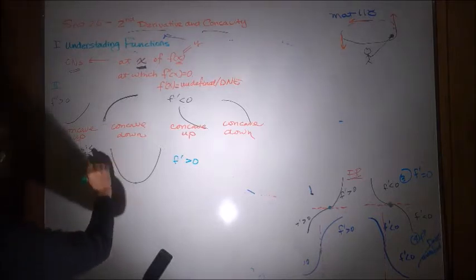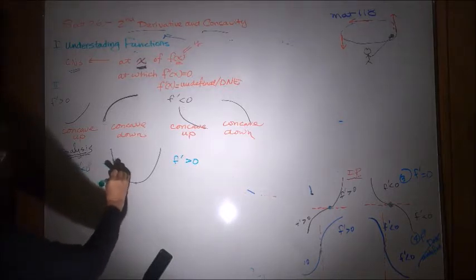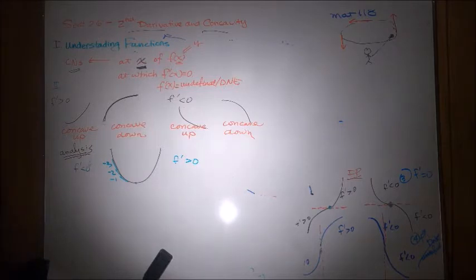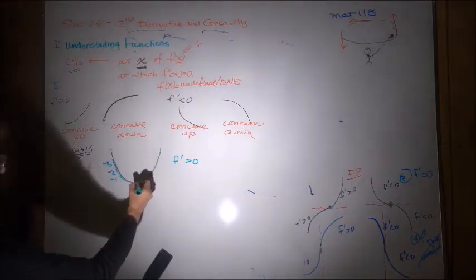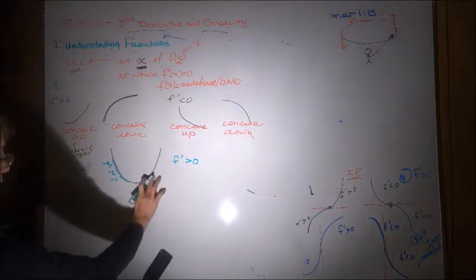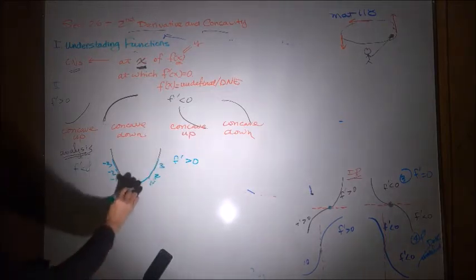So it might be what? When it drops, f prime can be -3, -2, -1, right? And here it goes up, the slope can go higher and higher, right? So this one, f prime can be 1, can be 2, can be 3, like this.